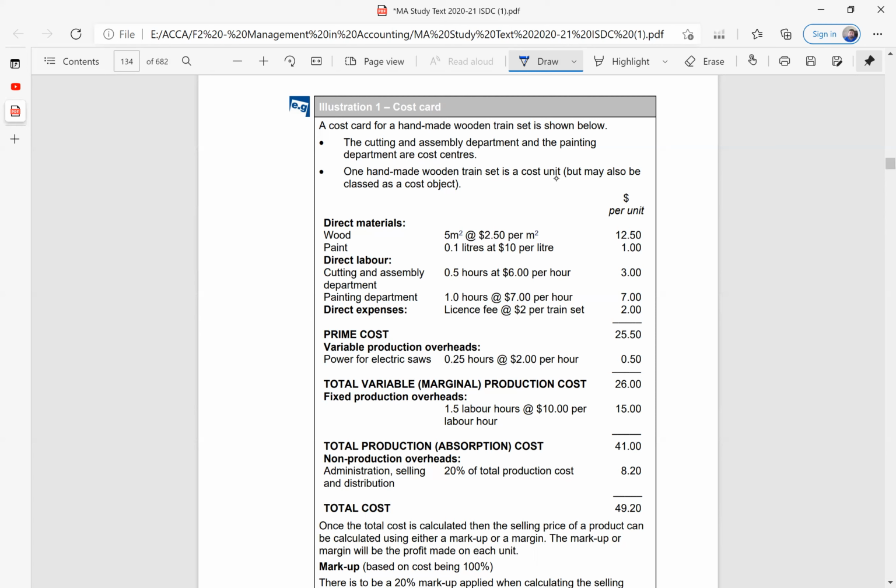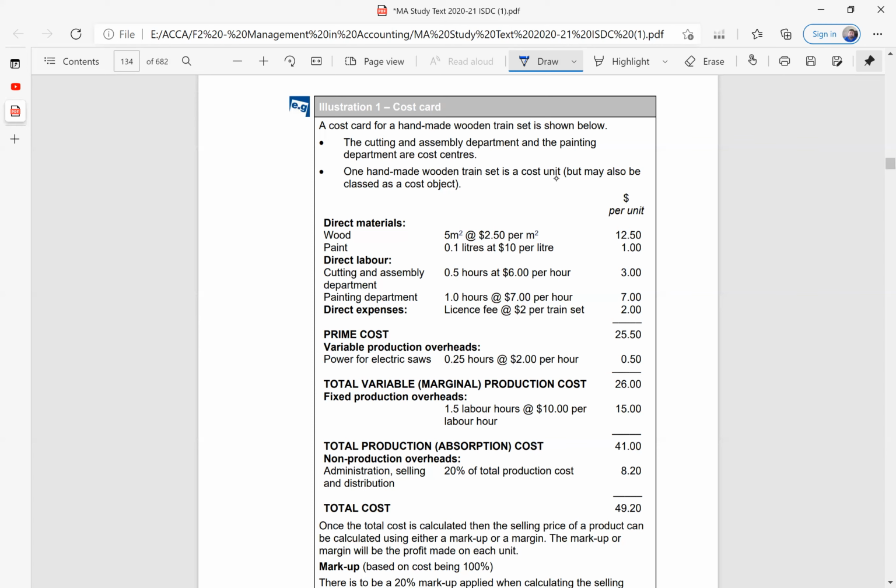Then painting department, same thing they have given. But if you notice, they are giving it to you per hour or per meter or per liter this way. This shows that this is direct. Now, if you see license fee at $2 per train set, this is again direct.